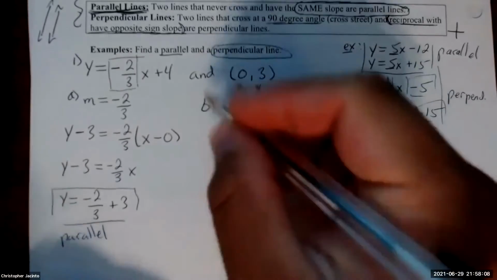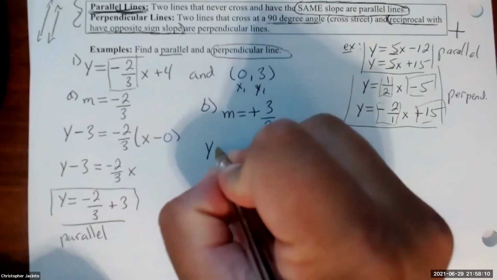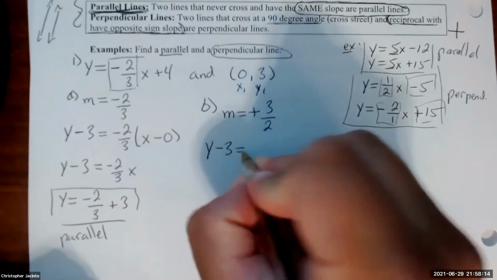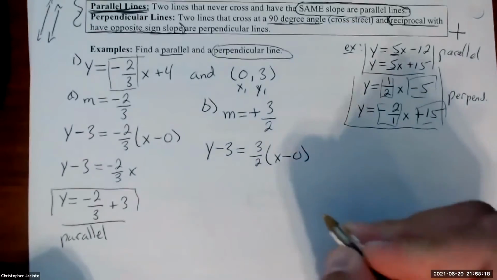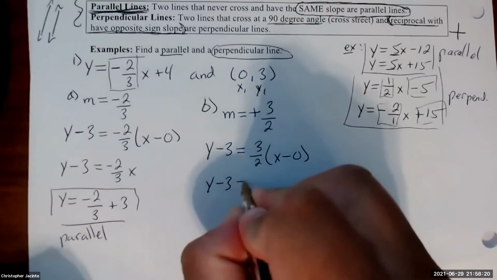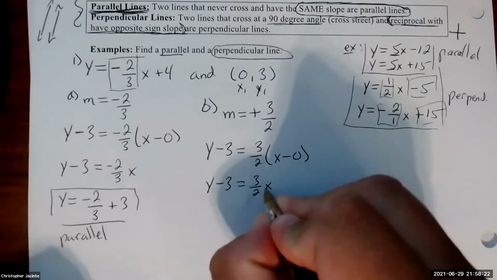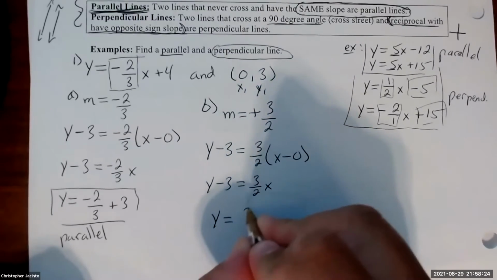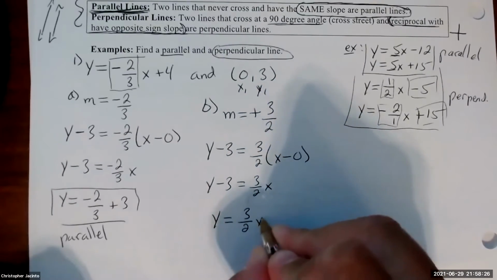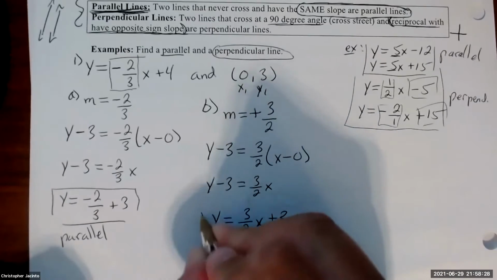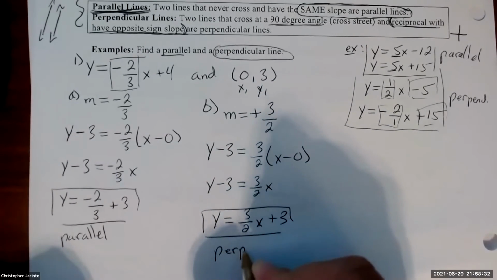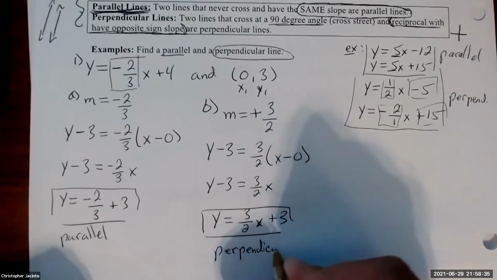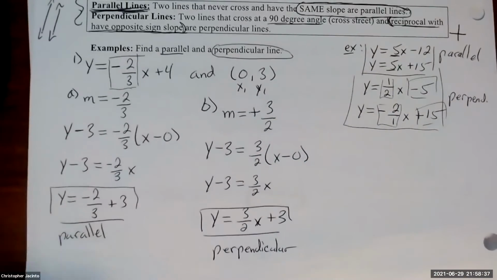Okay, and then we just do the same process. So let's suppose that wasn't a 0. You have to do this process, so you can see the work behind it. And there you go. So this is a perpendicular line.